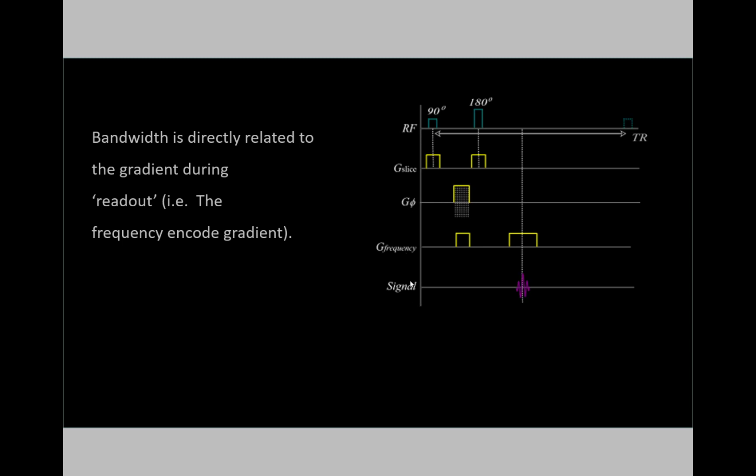And then, of course, we have the signal, what's picked up by the radio frequency coil, and our echo here. Now, it's the frequency encoding gradient that is the source of, or what controls, our bandwidth. Okay, so let's review what this gradient is doing, the frequency encode gradient.